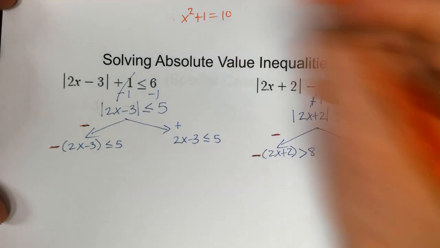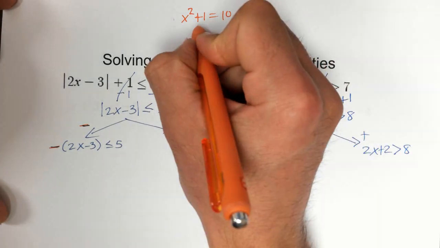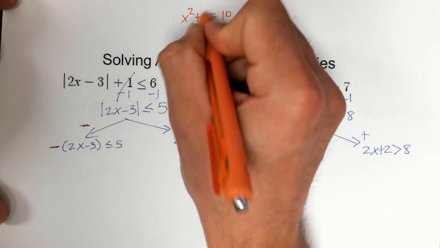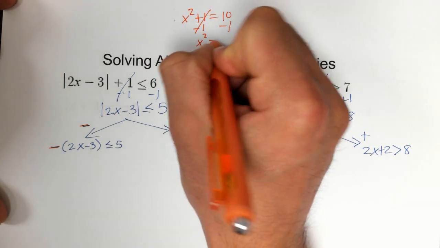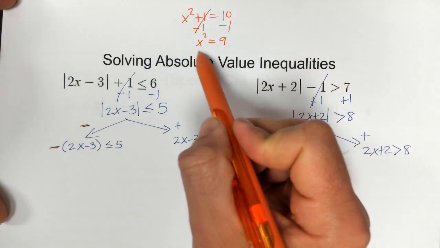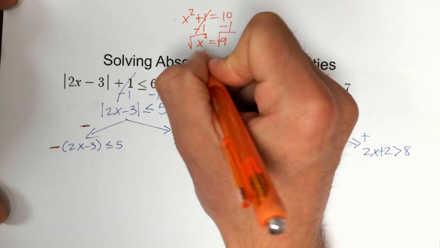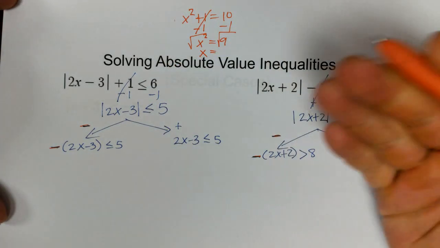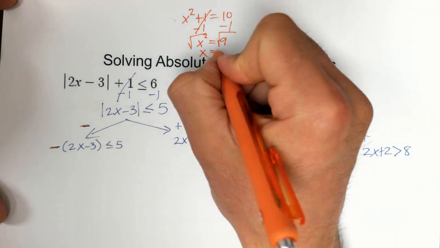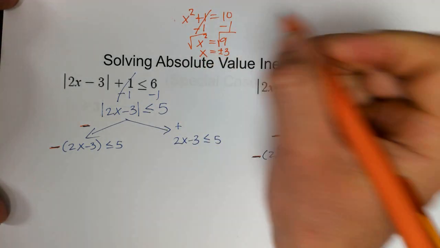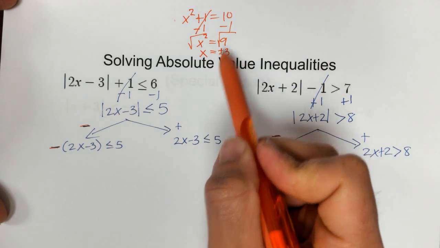I can't just put plus or minus here. I have to isolate the variable first. I got to get rid of this piece. Once it's x squared equals 9 and there's nothing around the function, now I can square root things and get rid of it. And since I'm getting rid of something, I have to account for the two possibilities, the two solutions, the positive and the negative.